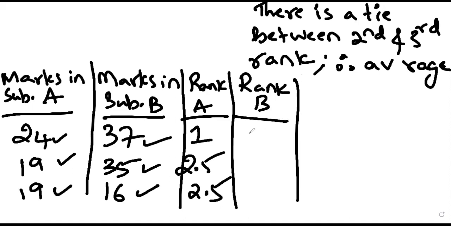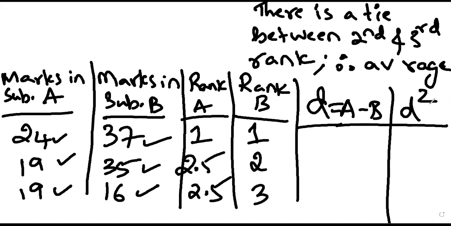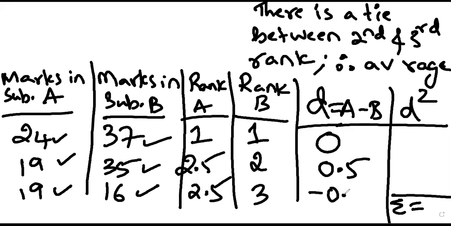Oh, 37, 1, correct. Next, 35, 2. Correct. What is the difference? First one 0, second one 0.5, correct. Third one minus 0.5. And d square, 0.25 and 0.25, correct.